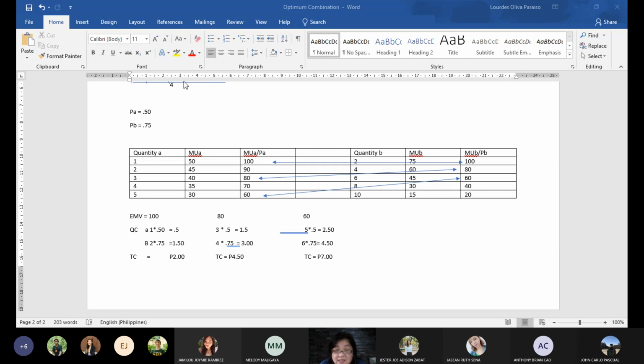At what budget do you think you are going to yield the highest satisfaction based on the computation? Ilan ang kailangan mong budget? Yung budget nyo, pareho lang yan ng total cost, di ba?